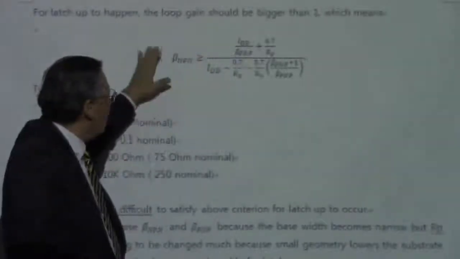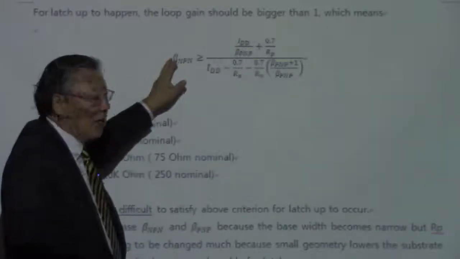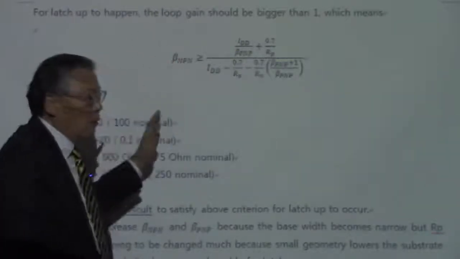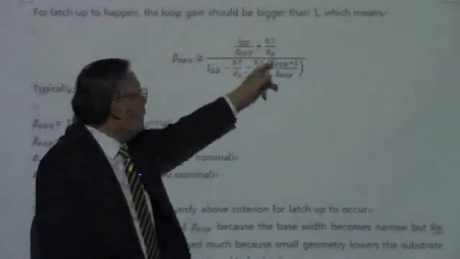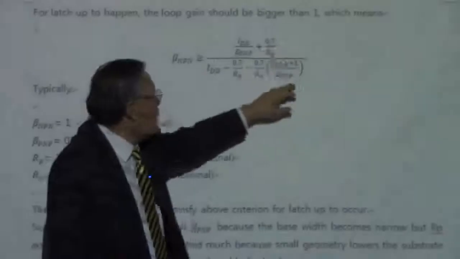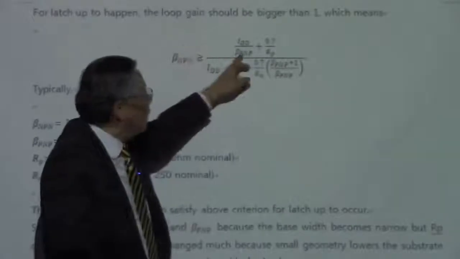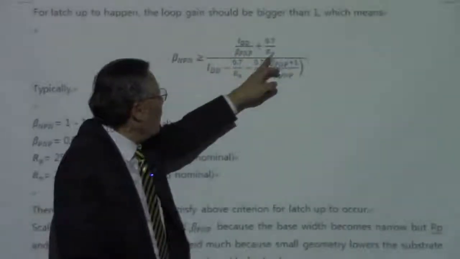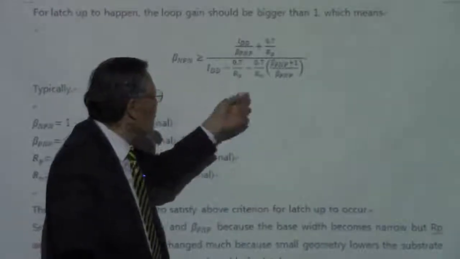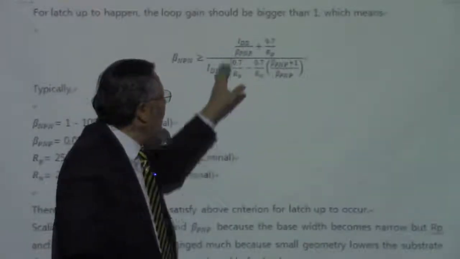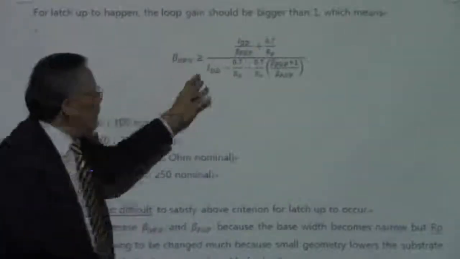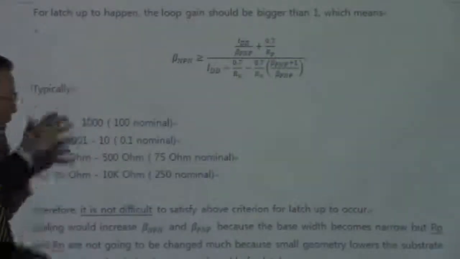According to this criterion, if the gain of the vertical bipolar transistor is larger than this value, which consists of the beta PNP, the lateral bipolar transistor gain, and Rp, the resistance I just talked about, and Rn here, so if this criterion is met by some operating conditions, then the latch-up is going to happen.